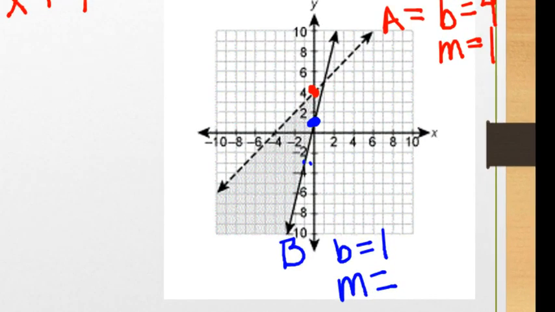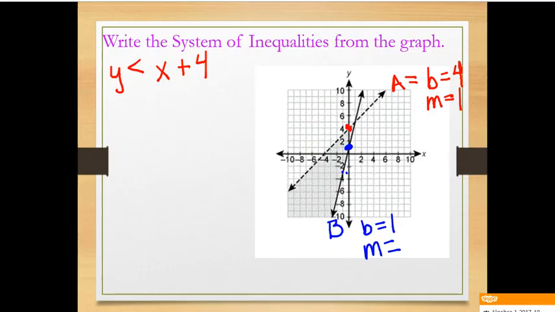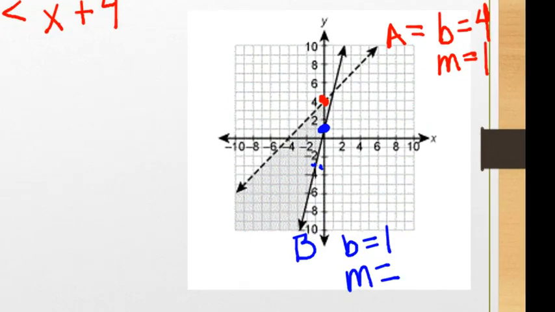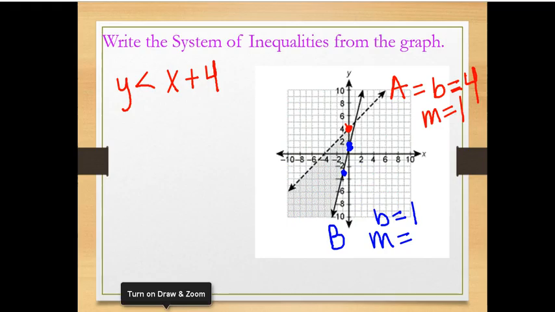So, okay, our pretty point is right here. So if we go up, all right, our pretty point here is right here. If we go up 4 and over 1, we will be back to our y-intercept. So our slope is going to be 4, okay?